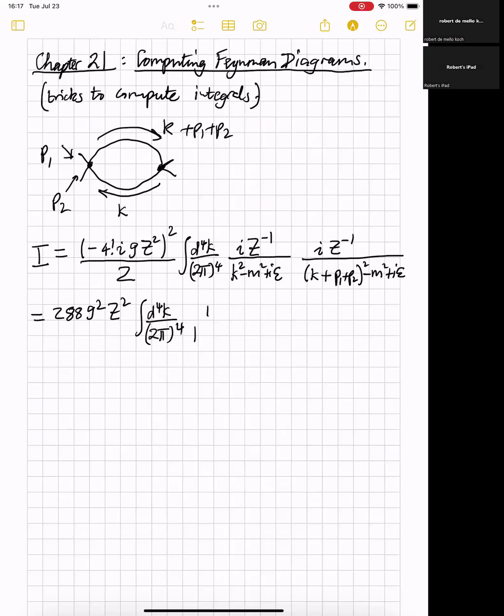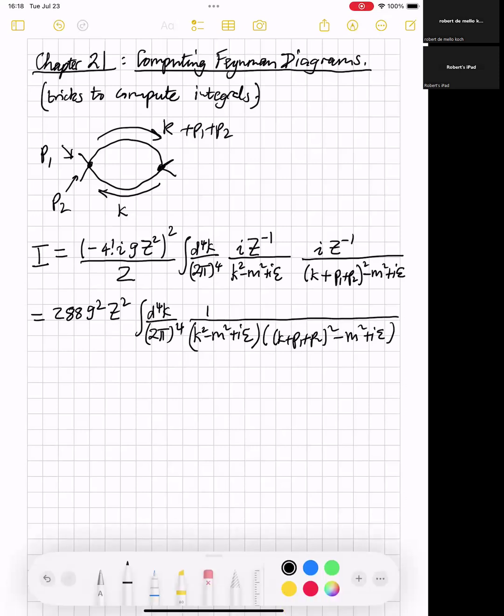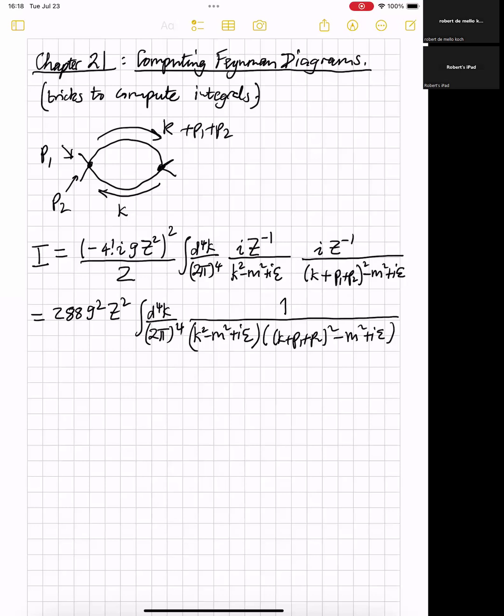Then we've got 1 over k squared minus m squared plus i epsilon, and k plus p1 plus p2 squared minus m squared plus i epsilon. When you are studying Feynman diagrams, they will often take this form. What I'm specifically referring to here is that you have an integral over momentum, and then you have a 1 over a product of denominators, okay?